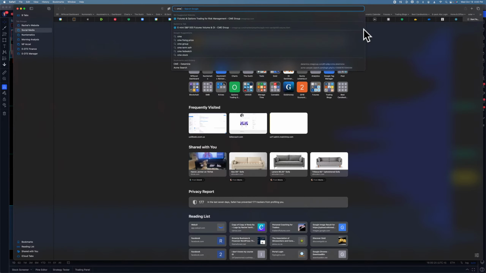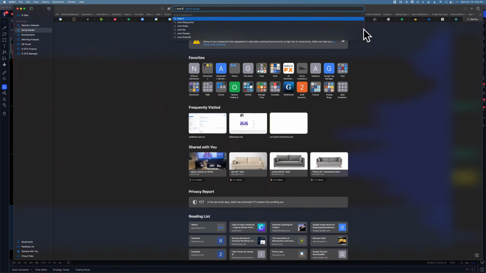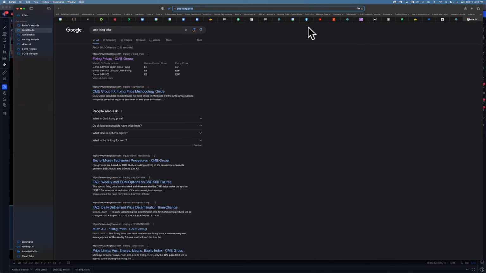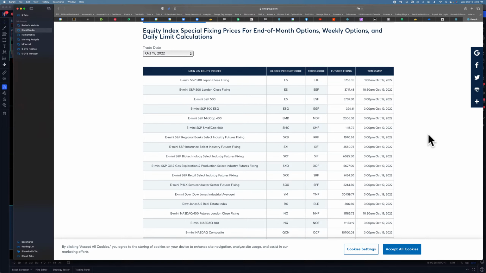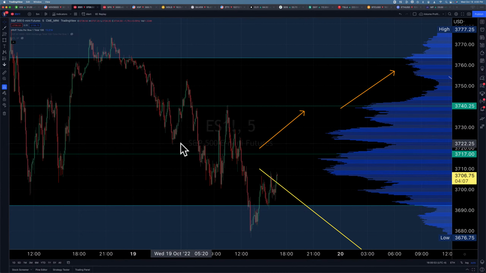CME, the Chicago Mercantile Exchange, and it will give us the official close of the E-mini S&P. They published it already. It was 3707. So I missed.